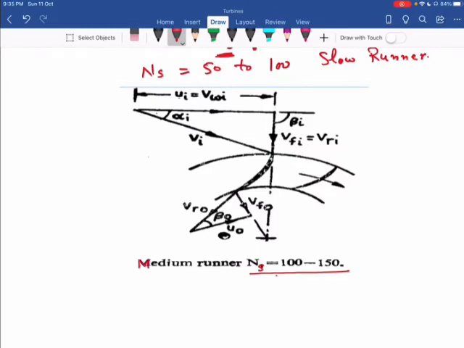Here you can see the angle beta I equal to 90 degrees, and also the angle alpha O equal to 90 degrees at the outlet. So this is the second shape of velocity triangle.